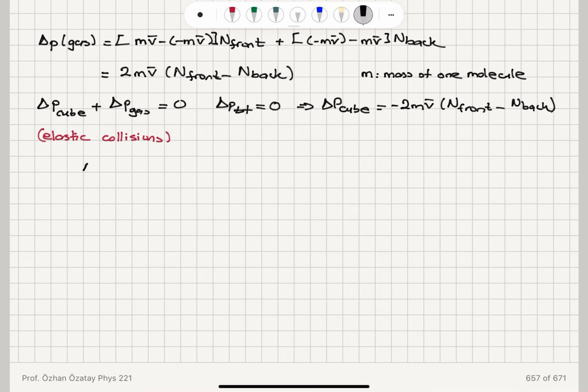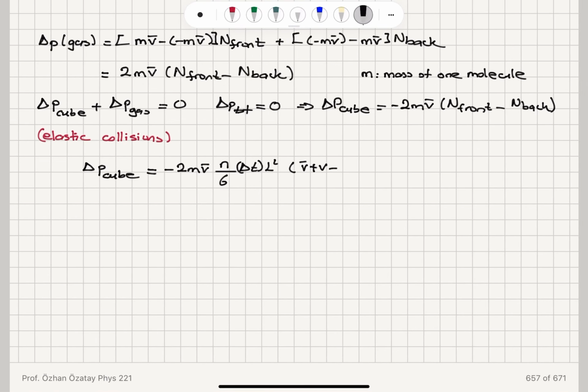If I substitute, this is minus 2 m v bar n over 6 delta t multiplied by L square. Now for the number hitting from the front, I had the v bar plus v factor.